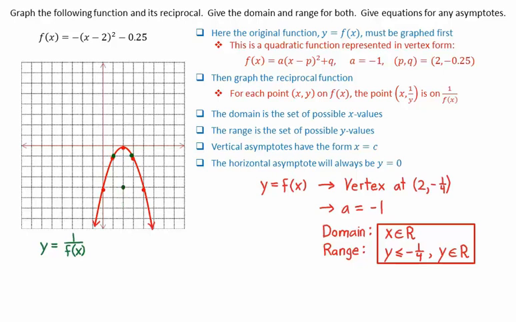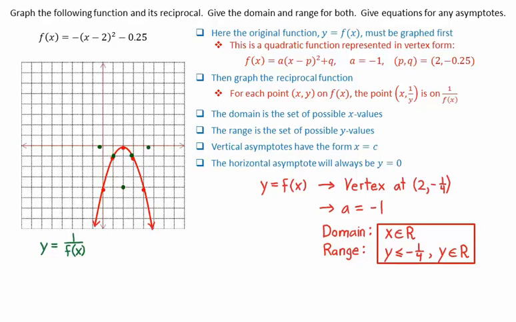The original function also has points at approximately (-1/2, -6) and (4.5, -6). On the reciprocal function, these correspond to approximately (-1/2, -1/6) and (4.5, -1/6).